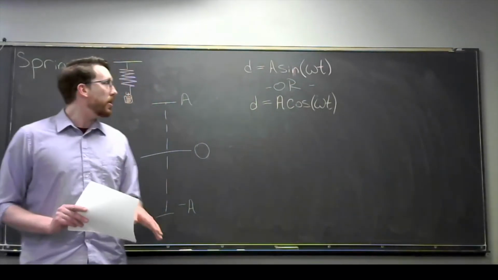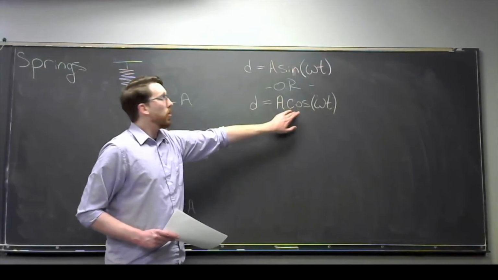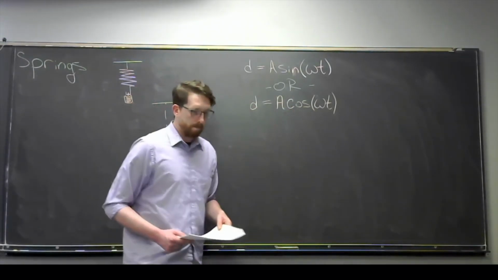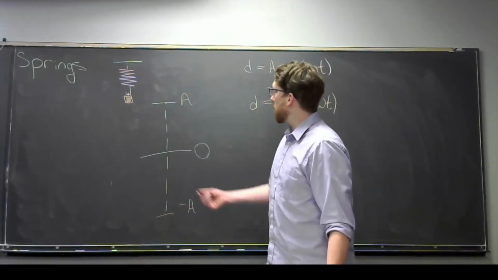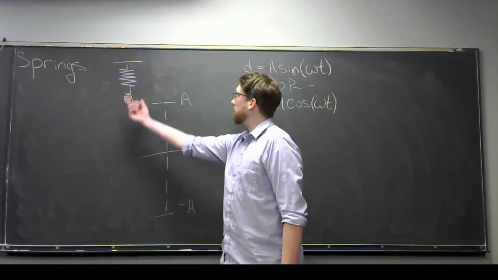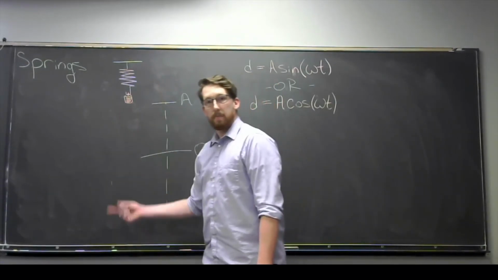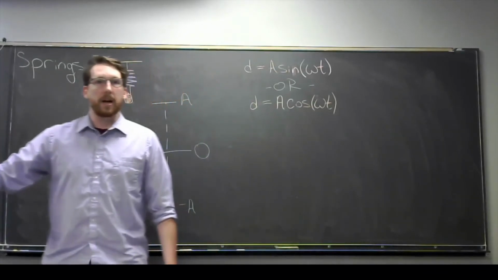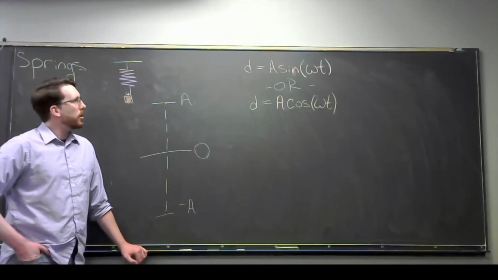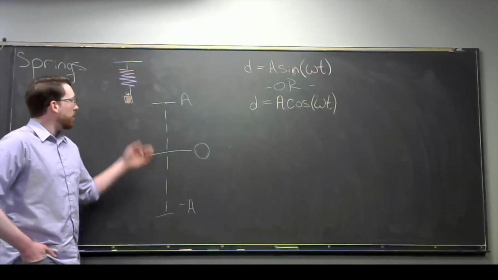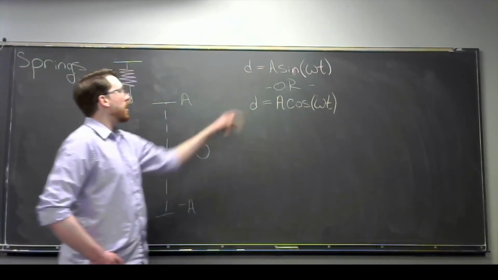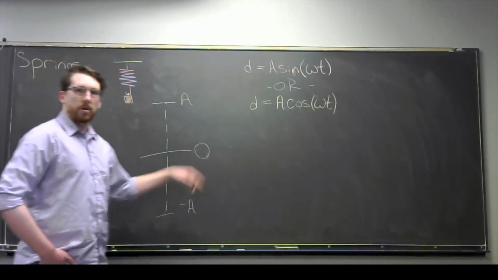Any sort of motion that can be described with either one of these equations is called simple harmonic motion. So in the example of a spring, we can pull it all the way down, let it go, and it's going to bounce up and back down, just like sine or cosine. In the case of cosine, it goes down, then back up. In the case of sine, it of course goes up, then back down.